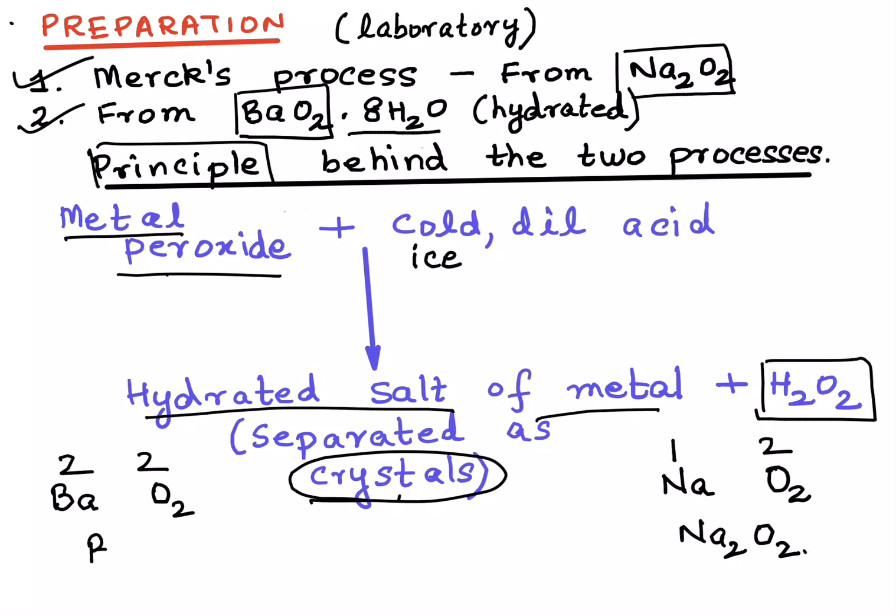So what does the formula of barium peroxide become? BaO2. So be very careful when you are writing down the formula. For some of you this may be very easy, but I have seen students making mistakes over here. That is why I am pointing it out. If you are confident in this, very good. Let's go ahead.